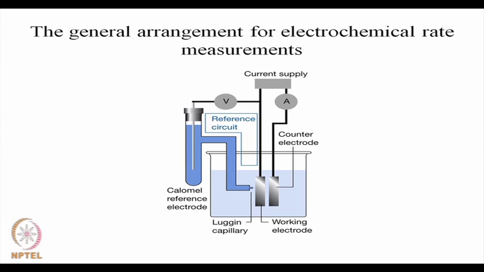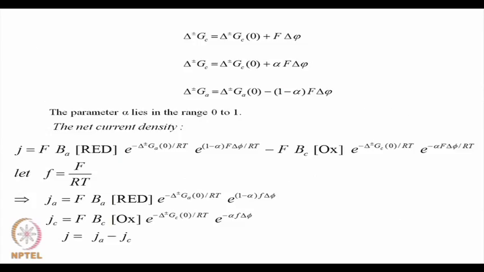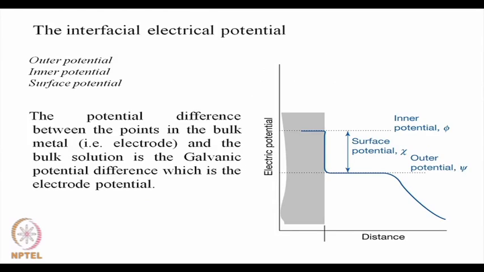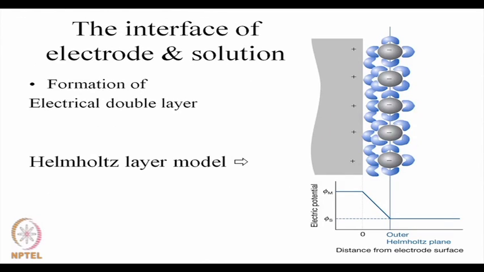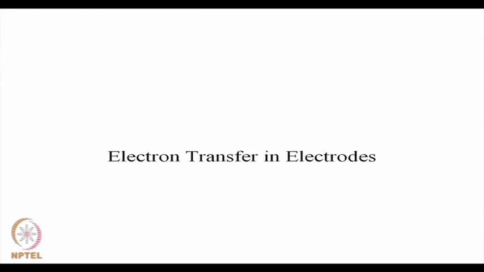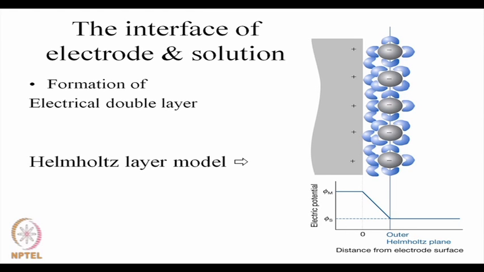Okay. So, let us have a look at what we have learned so far. We have started with electron transfer in electrodes. Now, when it is the case of an electrode, then the electrode has to be dipped into a solution of electrolyte.